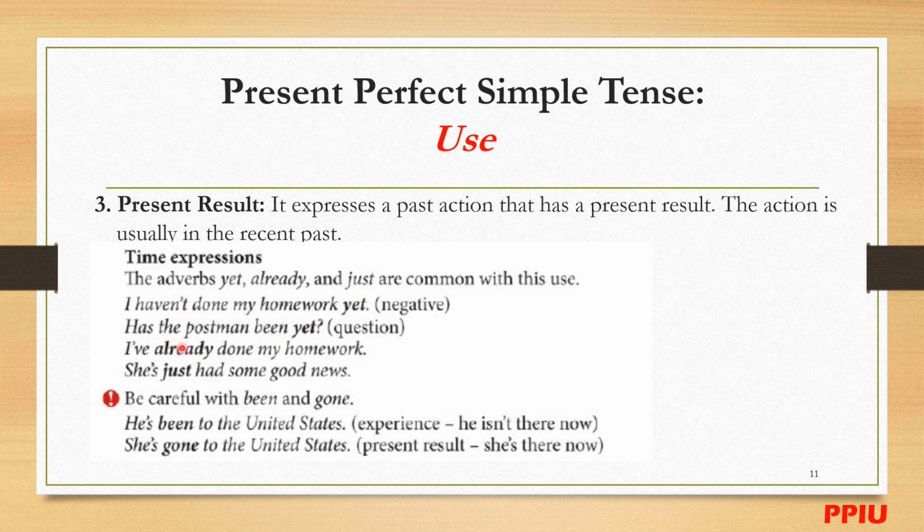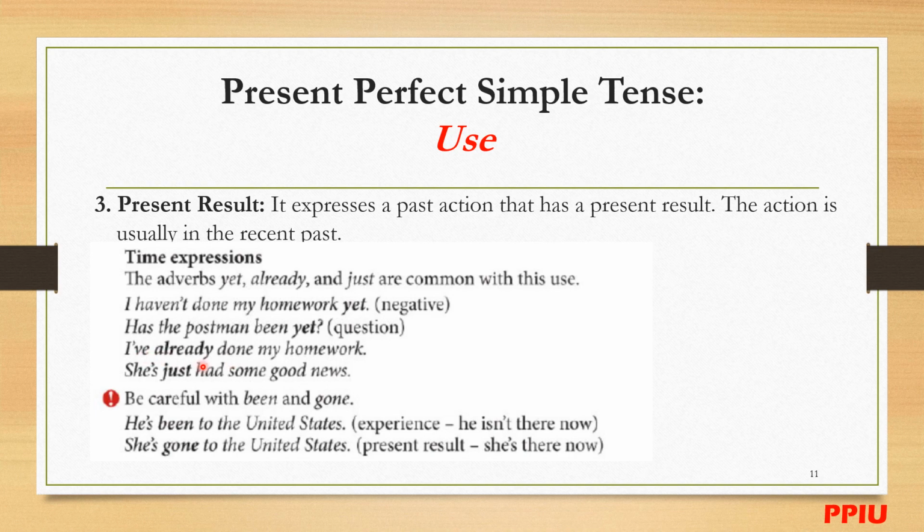Okay, has the postman been yet? Has the postman been yet? You know postman? Yeah, the one who delivers the letters or the mail, okay, in the past. Question. So yet you can use in both negative and question. I've already done my homework.